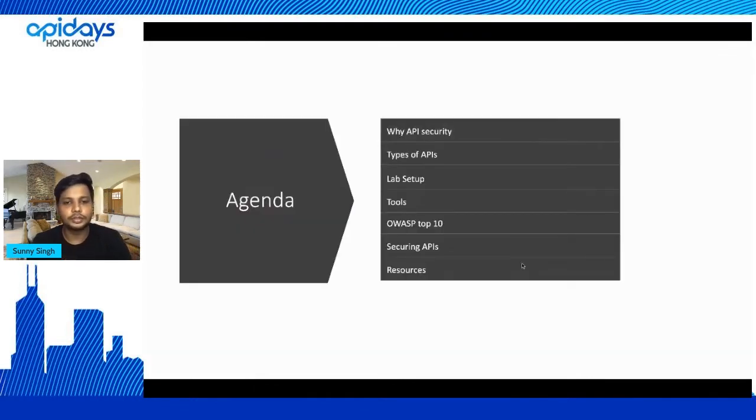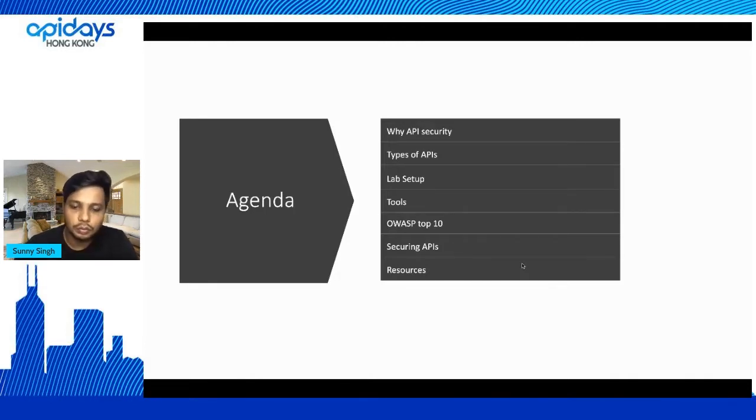So the agenda for today is: why do we really need API security, or why do we really need API penetration testing to secure our APIs, what are the general types of APIs, and how we can practice to attack. Obviously we need a lab setup.